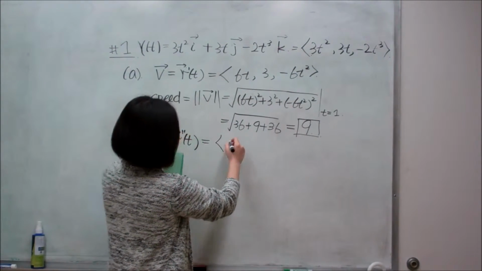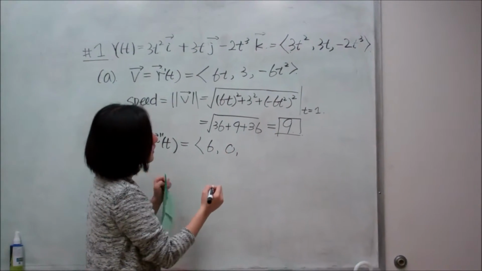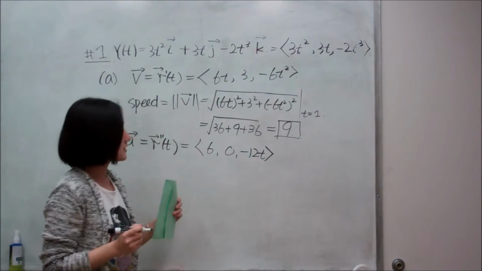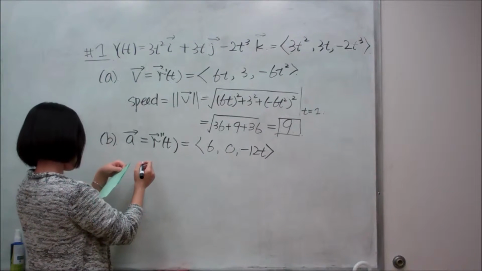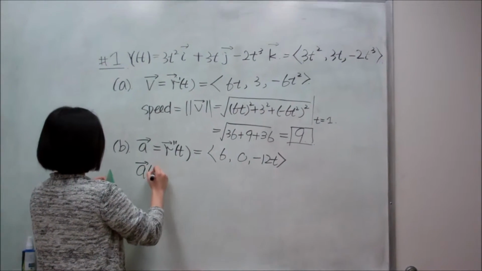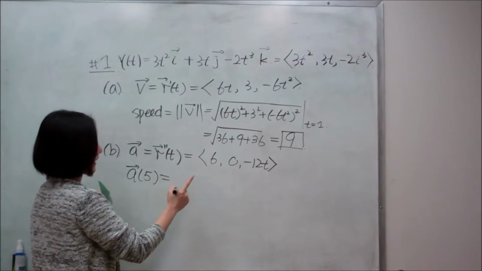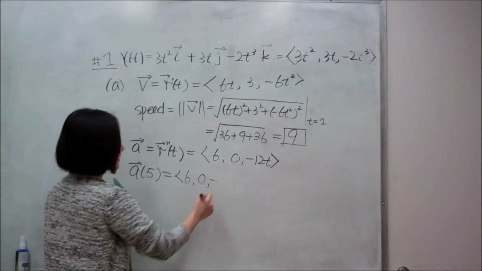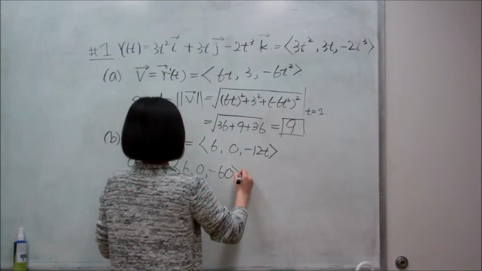So that's going to be 6, 0, and negative 12t. And we're looking at t equals 5. So plug in 5. And that's going to be 6, 0, negative 60.